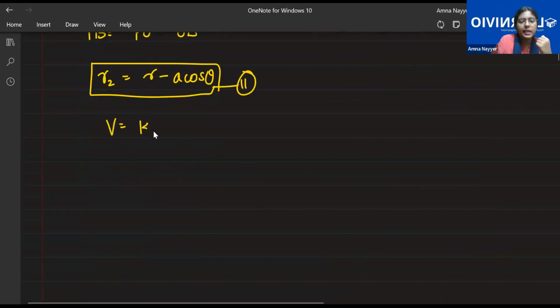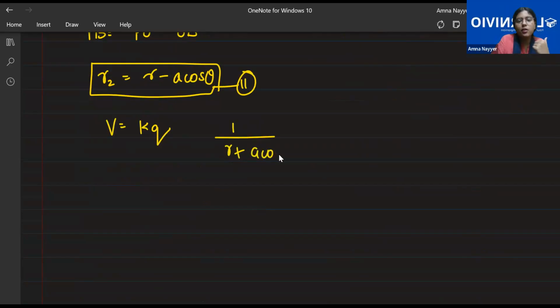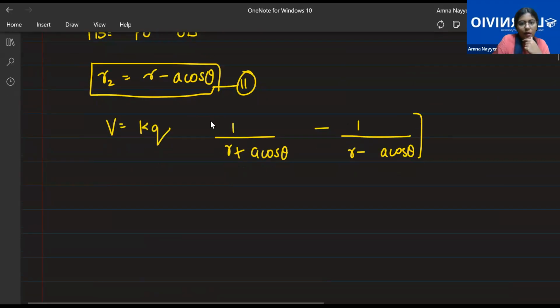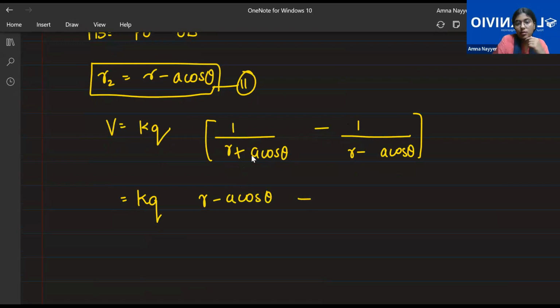See, now we'll put the values of R1 and R2. So V will be KQ times 1 by R plus A cos theta minus 1 by R minus A cos theta. Now we take the LCM here. So this is KQ, R minus A cos theta minus, now see, when you're multiplying this bracket here, the sign will change because the negative sign is there.